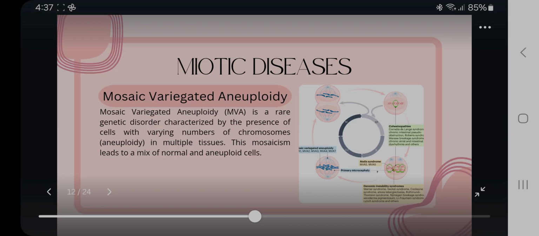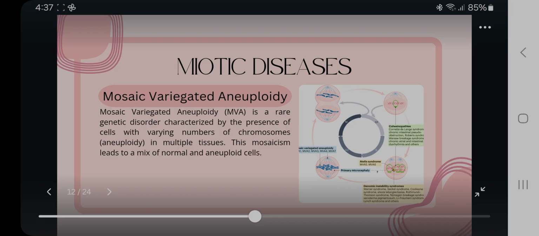Okay, so the first meiotic disease we're going to talk about would be mosaic variegated aneuploidy. I know it's a mouthful. It's also known as MVA, which is much easier to remember. It's a rare genetic disorder characterized by the presence of cells with varying numbers of chromosomes in multiple tissues.